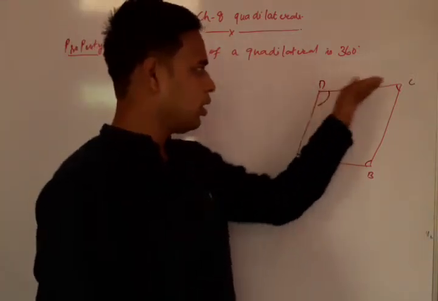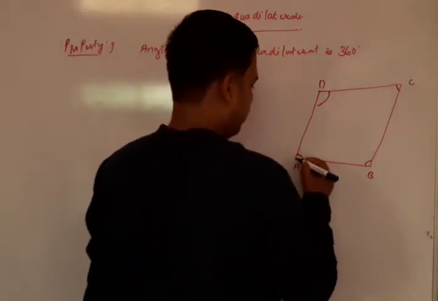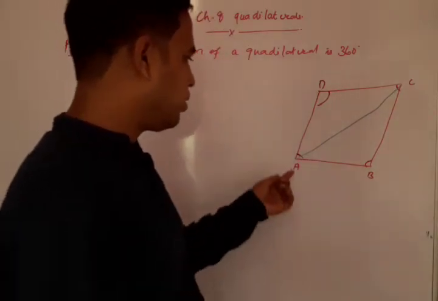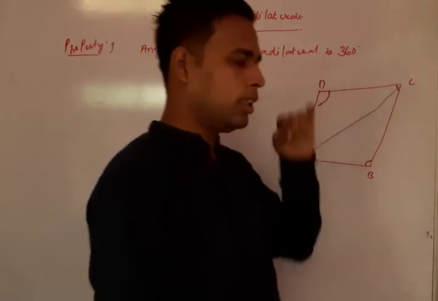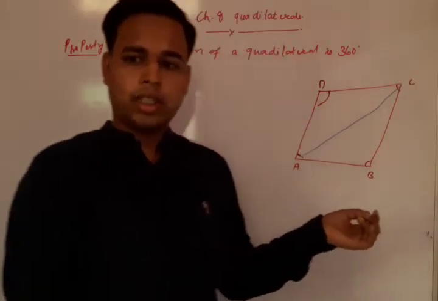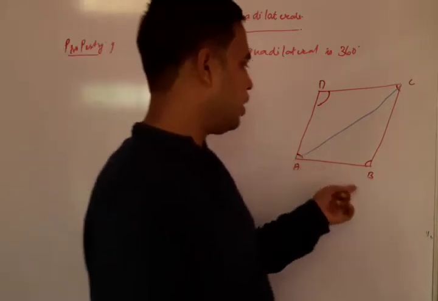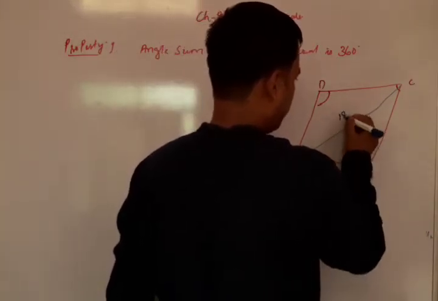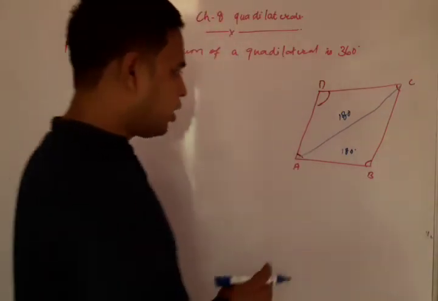We will divide this quadrilateral into two triangles. Now we have two triangles, triangle ABC and triangle ADC. Now what is the sum of angles of a triangle? We know that the sum of all angles of a triangle is 180. So here the angle sum of triangle ABC will be 180, and here also 180. 180 plus 180, how much will it be? 360. So let us prove.